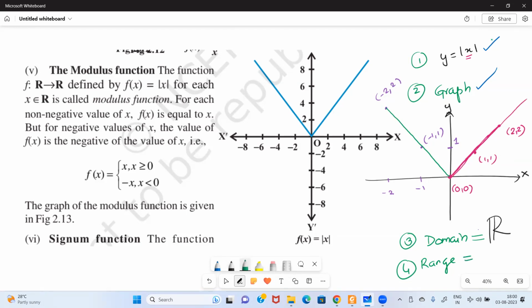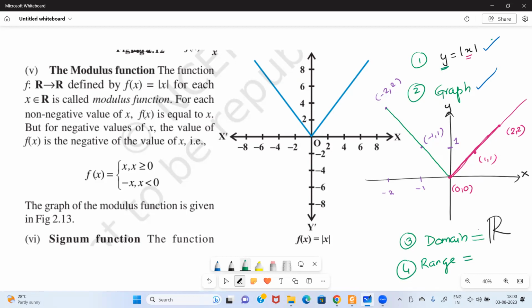Now, what about the range, guys? Range is the set of all values that y is taking. What values is y taking? Come on, tell me. Positive. It is only the positive y-axis. There is nothing in the negative y-axis. Correct or not? Because mod x gives you only the positive answer. Mod x will never give you a negative answer.